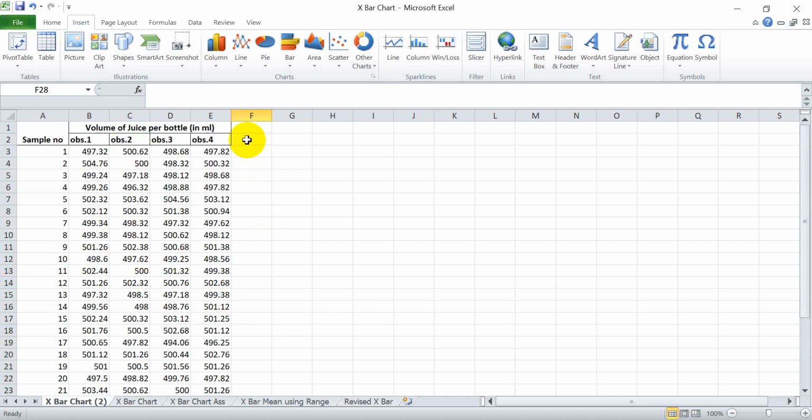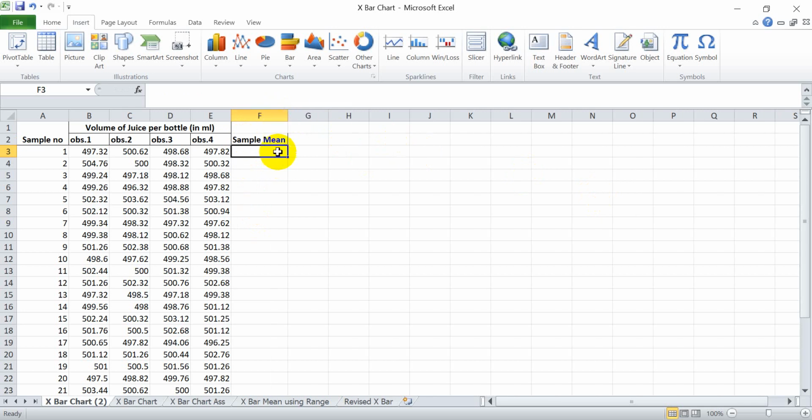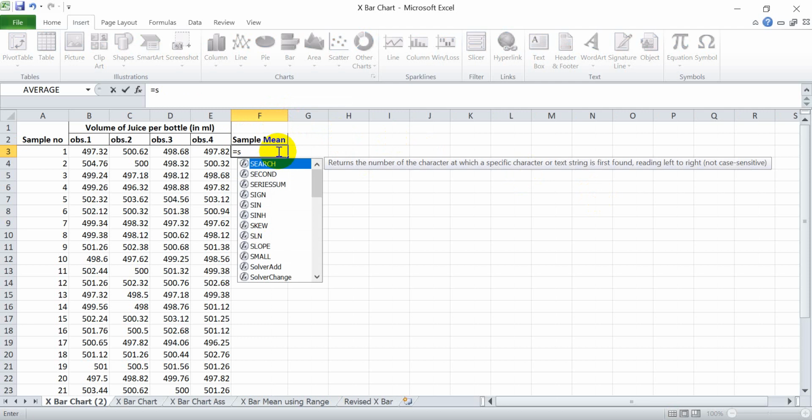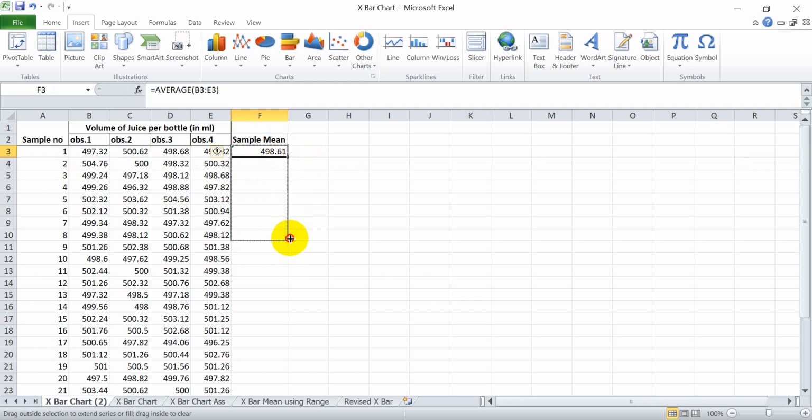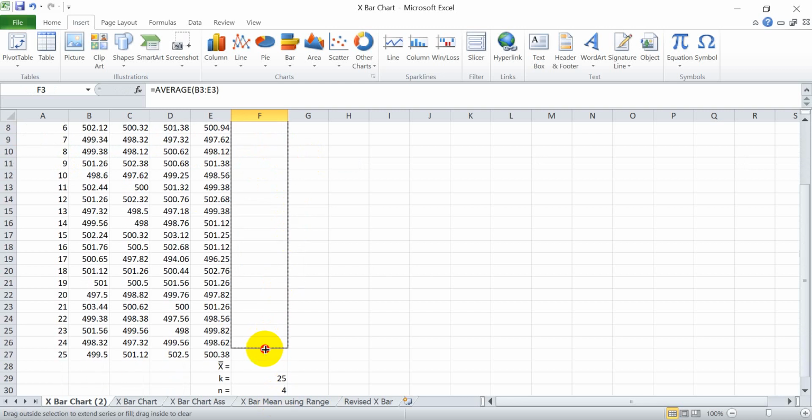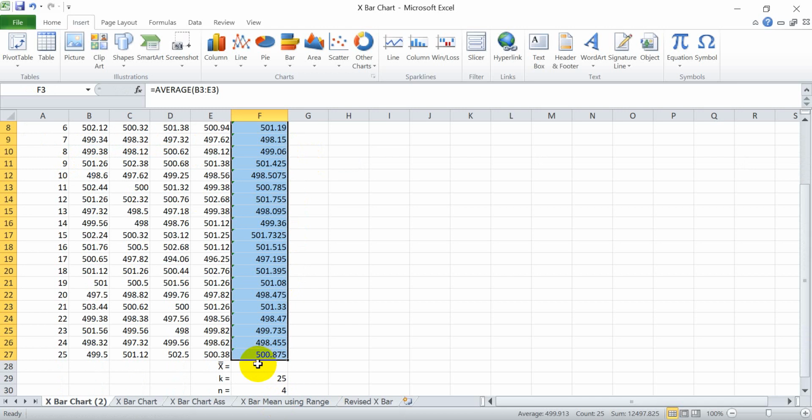Just write over here, sample mean. I hope you already know this formula. Let's drag it till 25. Yeah, it's done.